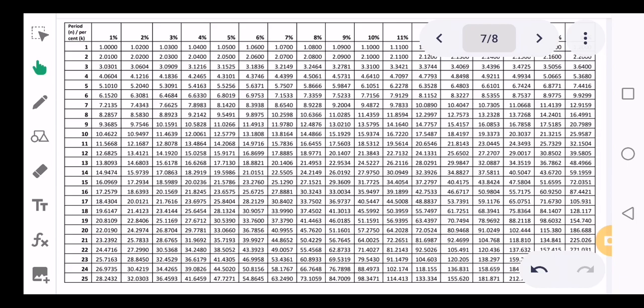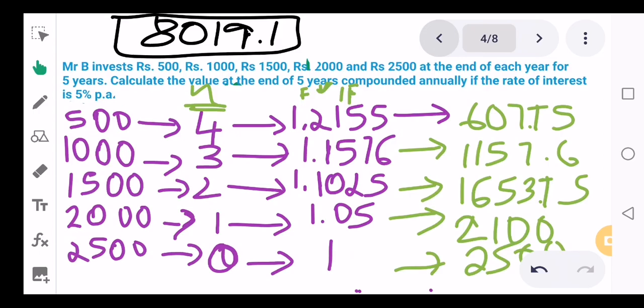For example, if I ask for 500, what is the future amount for n years at the rate of I%, then use the single flow table. In the earlier case, though it was multiple cash flows, we took each as a single cash flow and calculated individually. That's why we used the future value interest factor table for single cash flows.